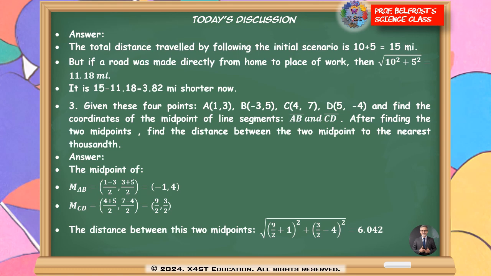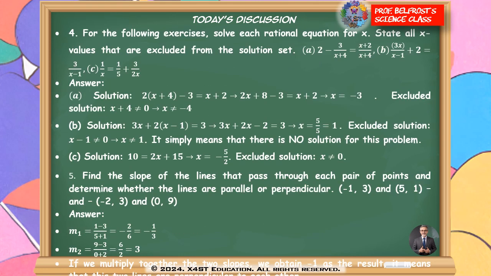Number four: for the following exercises, solve the rational equation for x and state all x values that are excluded from the solution set. First, I want you to understand what an excluded solution is. An excluded solution is a solution that makes the problem undefined.